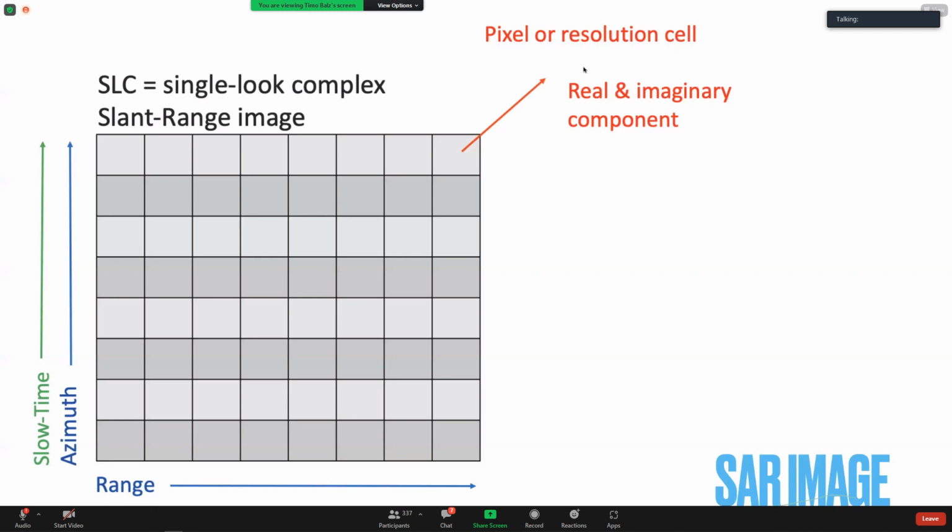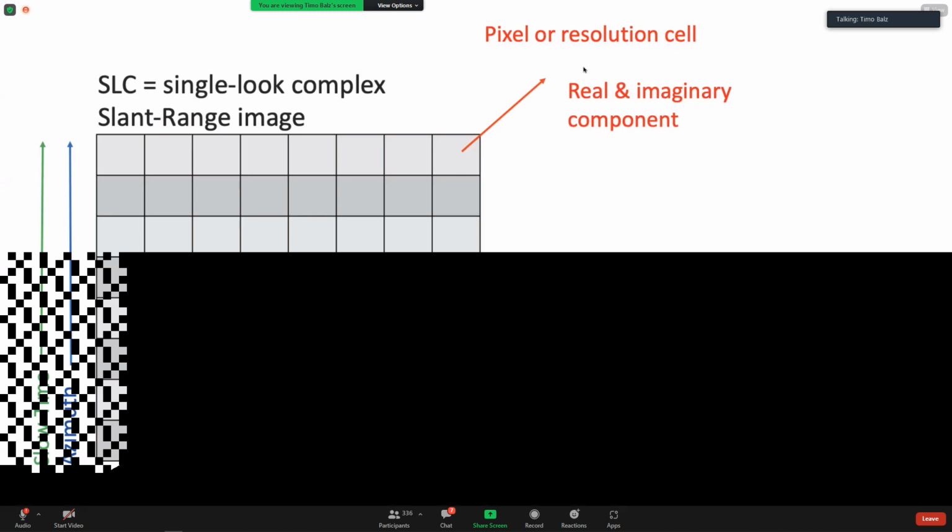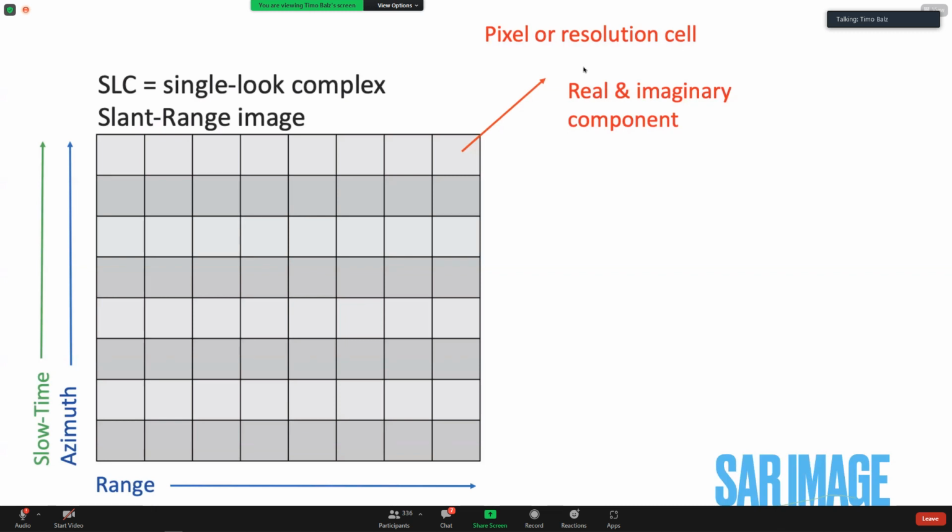So that is the definition, but clearly we sometimes use them synonymously and interchange them. Just so that you know the words pixel and sometimes resolution cell. These are terms that you can look up.